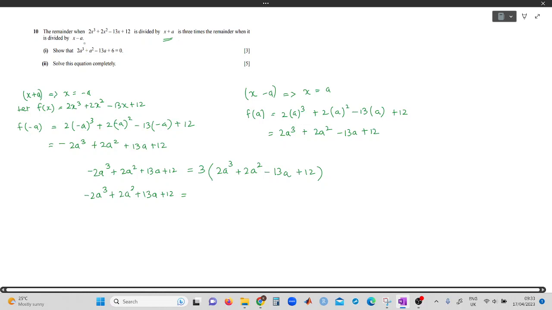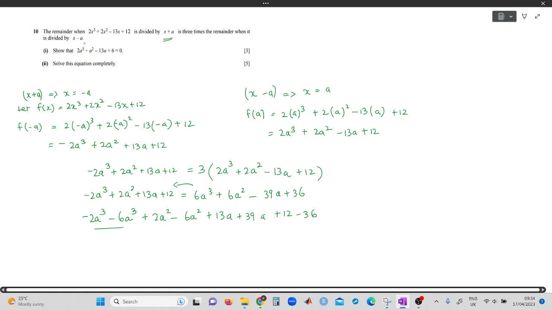Donc 3 fois, pas de second terme là, mais pour 6a cube plus 6a square minus 39a plus 36. Donc on va de l'autre côté. Minus 6a cube minus 2a cube, plus 2a square minus 6a square, plus 12a plus 13a plus 39a, plus 12 moins 36.